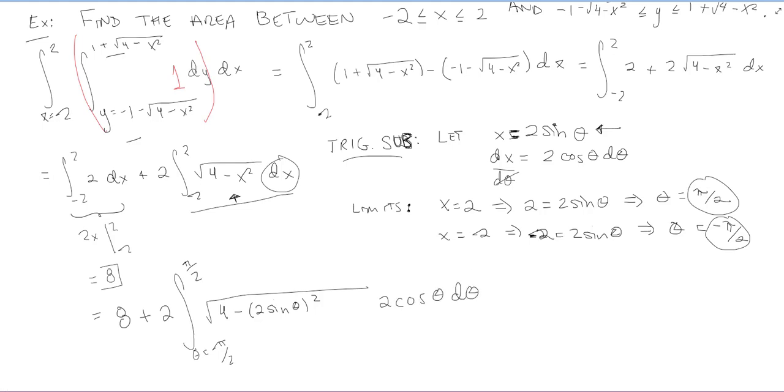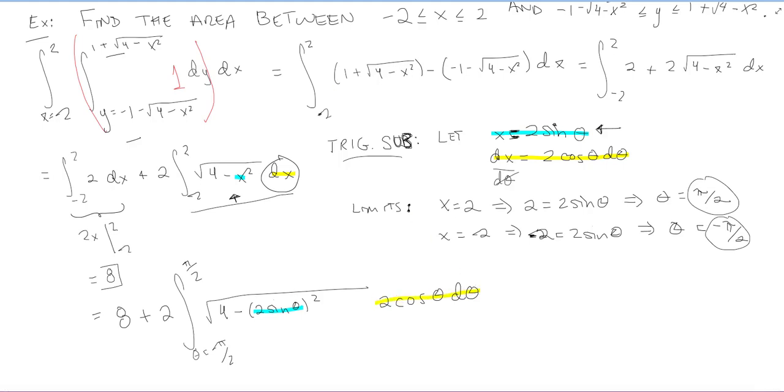All right, let me just highlight a couple of things so that you are on track with what's going on. We chose x to be 2 sine theta, so right here we replace that. Because we're substituting, we also had to account for our dx, and dx is just the derivative of 2 sine theta, so where we had a dx, we substituted that.